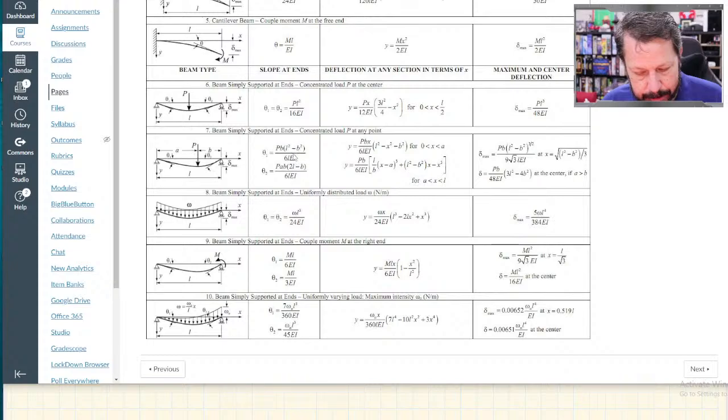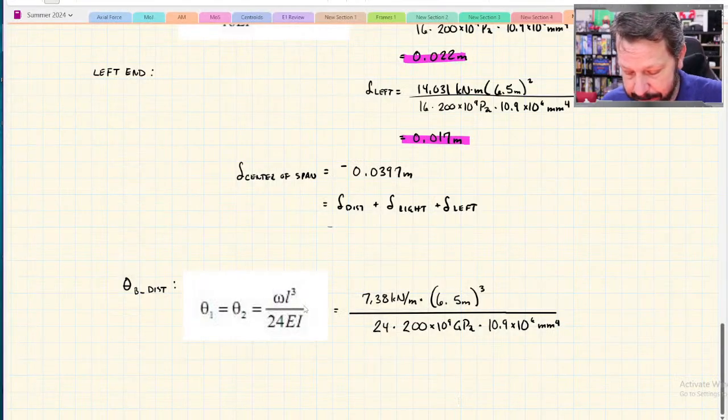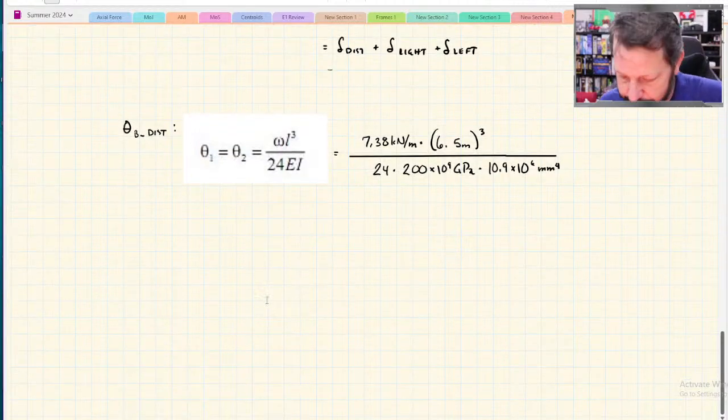Actually, this equation could work out negative, I guess. 2L, no, it couldn't. B squared, L squared minus B squared, yeah, that would be a positive number. So we'll just have to assign it a number based on what we think.